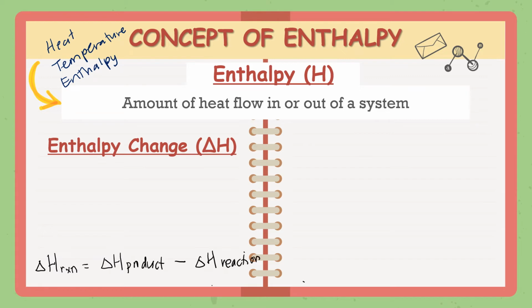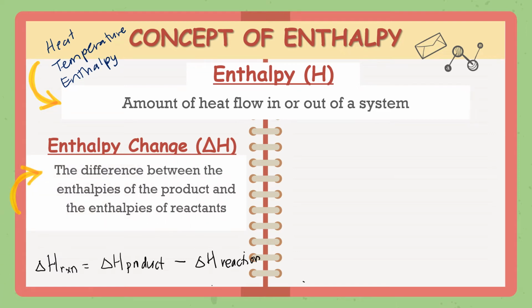So this is for calculating our enthalpy change. Okay, delta H is H of product minus H of reactants.